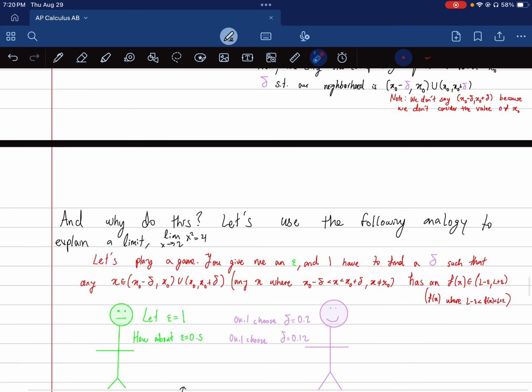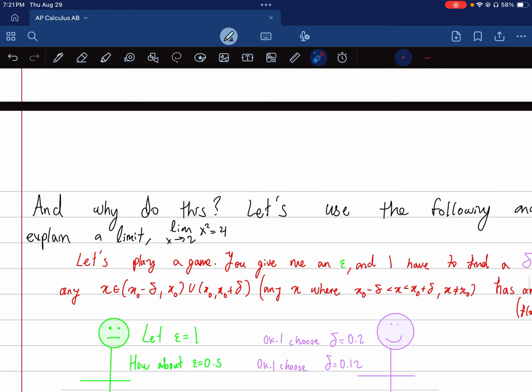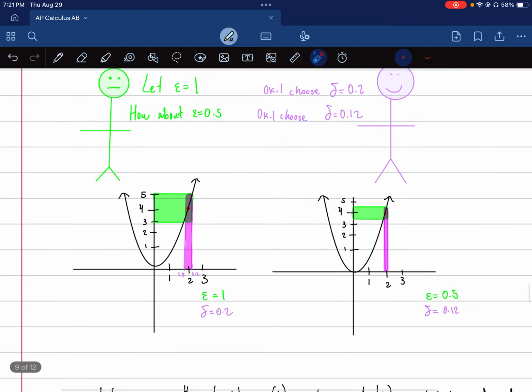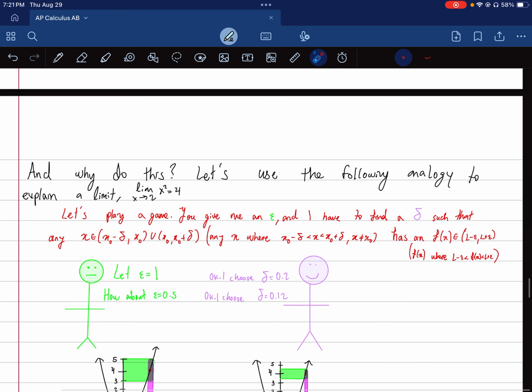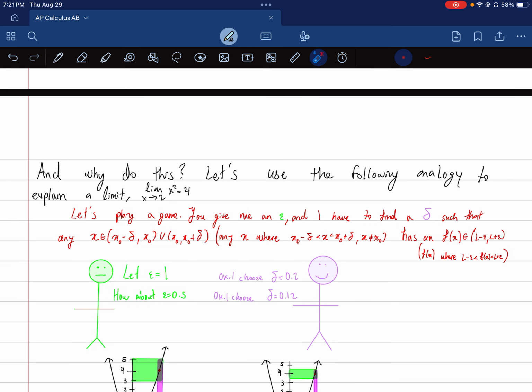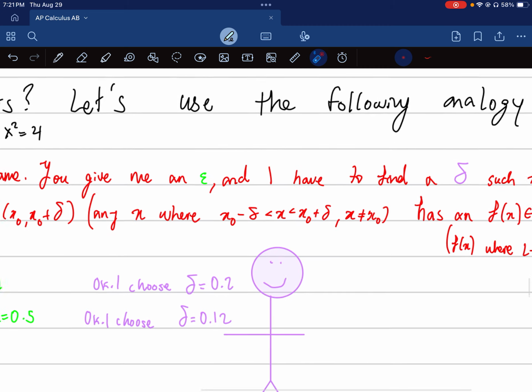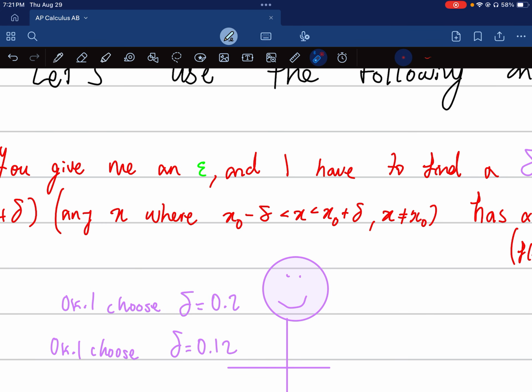But why do we do this? So I'm going to use the following analogy to explain how we're going to test a limit. In this case, we're going to talk about the example, the limit as x approaches 2 of x squared equals 4. Now let's play a game, per se. You are going to have to give me an epsilon, and I have to find a delta, such that any x that belongs to the delta neighborhood, so any x where x naught minus delta is less than x less than x naught plus delta.